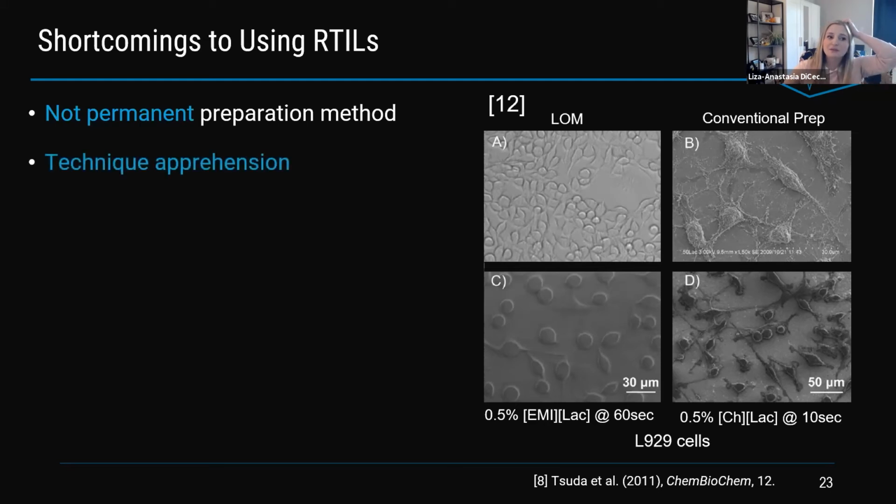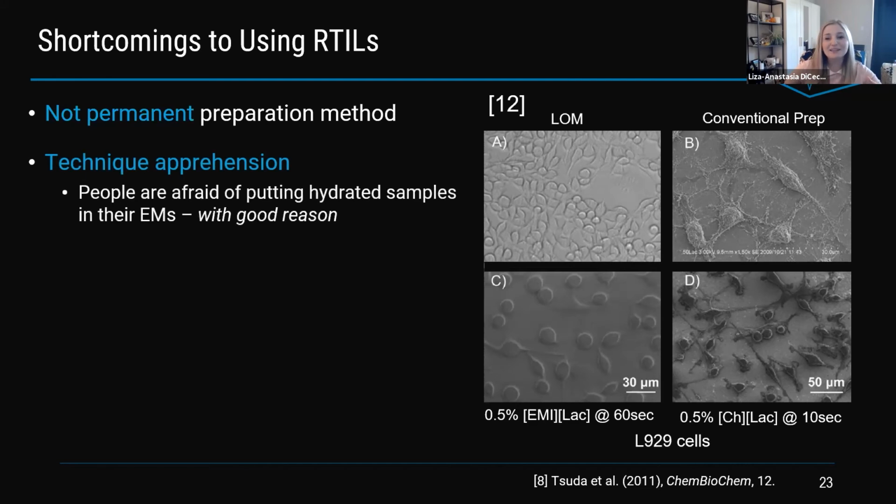There is quite a bit of technique apprehension to this. Mainly people are afraid of putting wet things in their electron microscopes, and that's with good reason. If you don't do this in a really slow and cautious way, or you don't follow what others have done in literature, you could potentially introduce excess solution to your microscope and lead to damage to your system down the line. So going really slow and steady with this is really important.